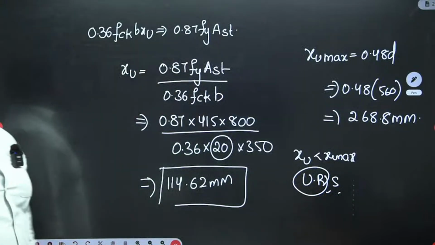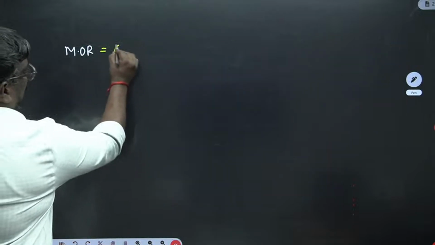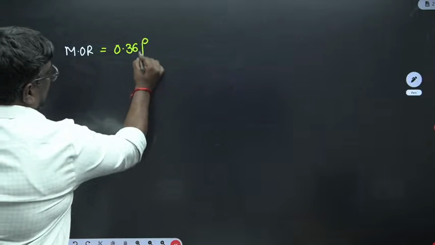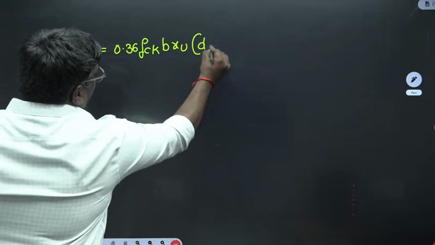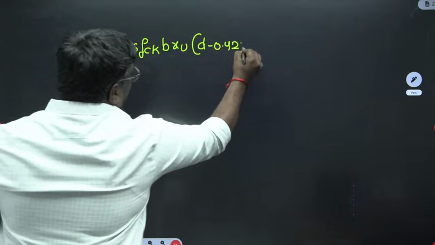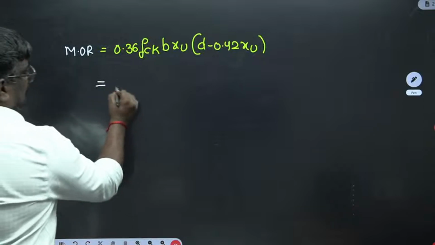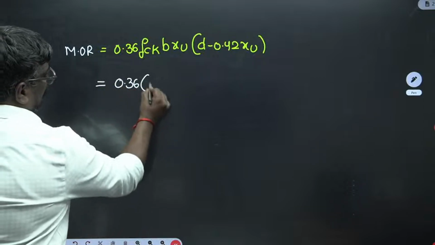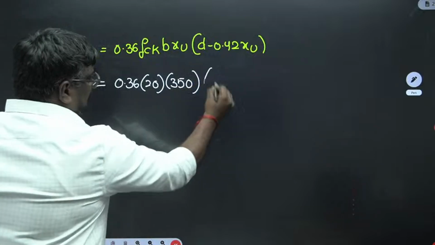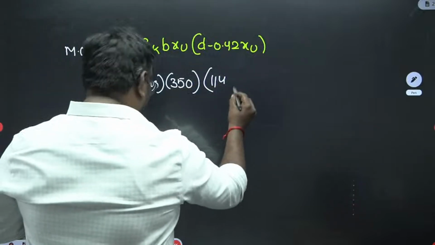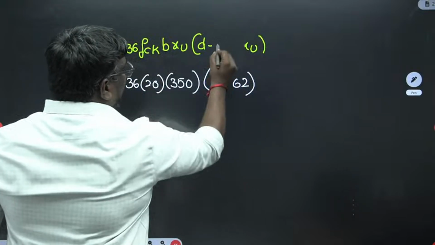So you can use the formula. What is the moment of resistance? Moment of resistance is equal to 0.36 into fck into b into xu into d minus 0.5 xu. Here fck is 20, width of the section is 350 and depth of neutral axis is 114.62, I think, into d minus 0.5 xu. If you have written 0.42 here, then it is wrong.